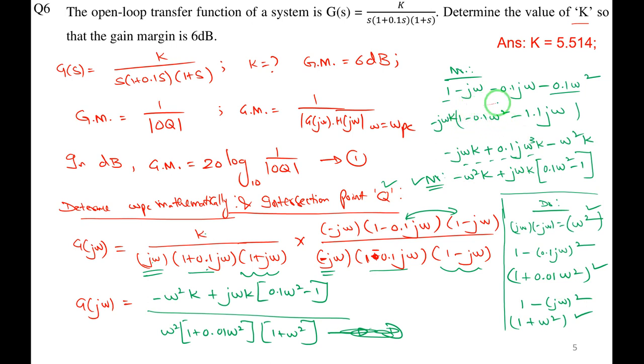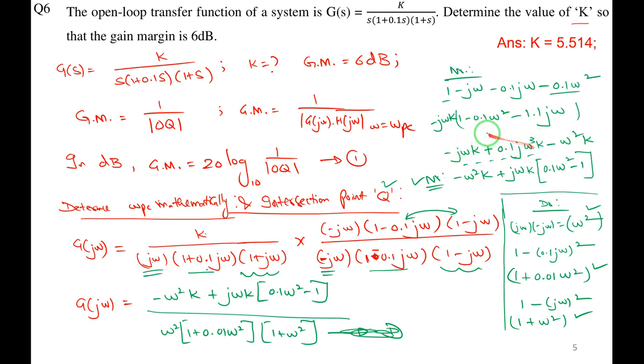One minute, just let me check it. Yes, the real part is minus 1.1 omega square k. Where have I made a mistake? Let me check. Minus j omega, fine.